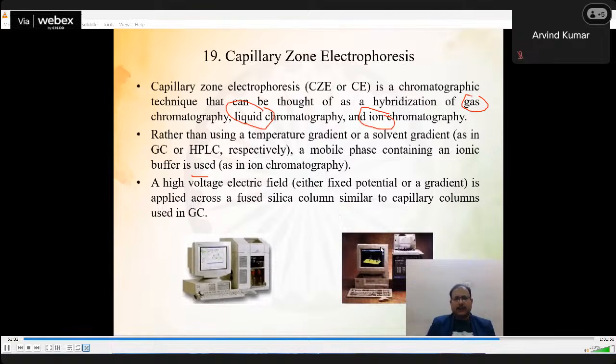The same principle applies here also, which focuses upon capillary zone electrophoresis. A high voltage electric field, either fixed or as a potential gradient, is applied across the fused silica column, similar to capillary columns used in gas chromatography. It is only used, and persons in the chemistry lab can easily analyze the data.